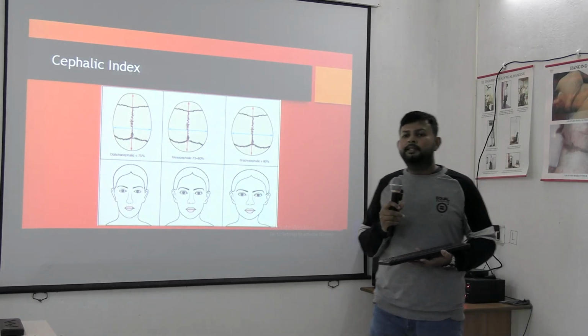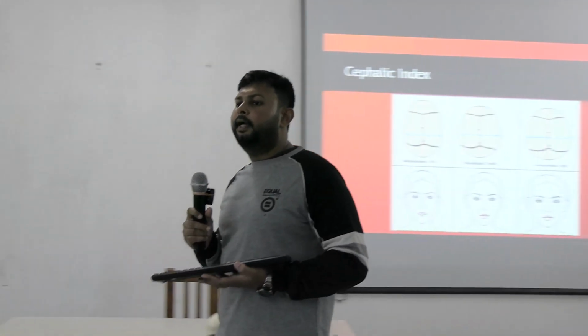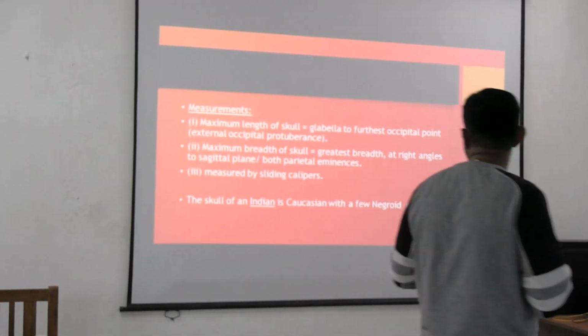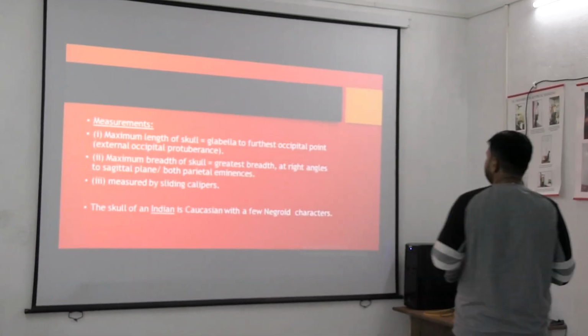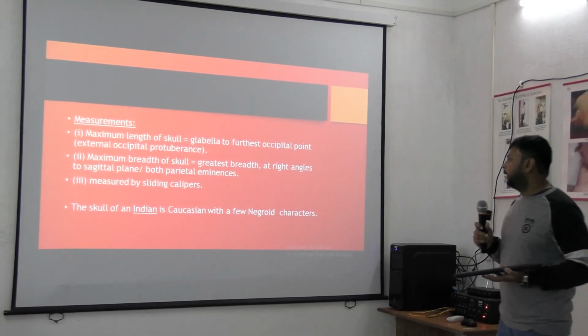What is cephalic index and what do we get from it? We get the race, right? We get whether this skull is dolichocephalic, mesaticephalic or brachycephalic by measuring the dimensions. So what was the formula? Maximum length of skull. Right. Okay.